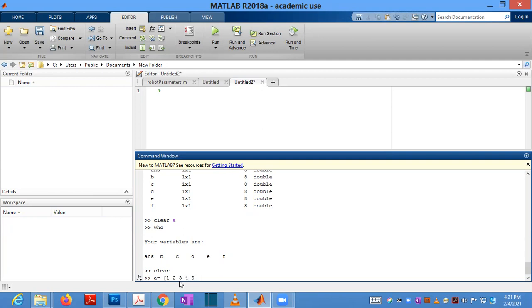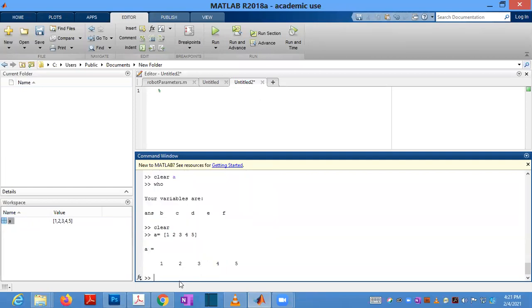You have to separate each element by space and close the bracket. This vector will be saved in A, so A is a vector having the elements 1, 2, 3, 4, 5.